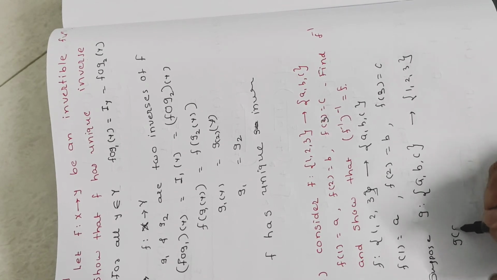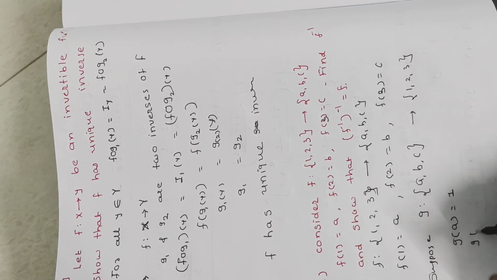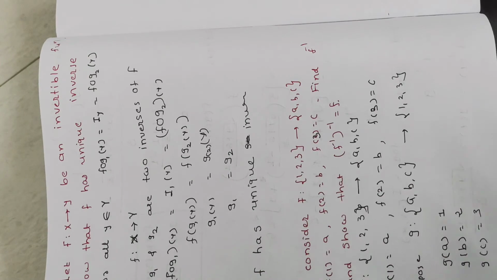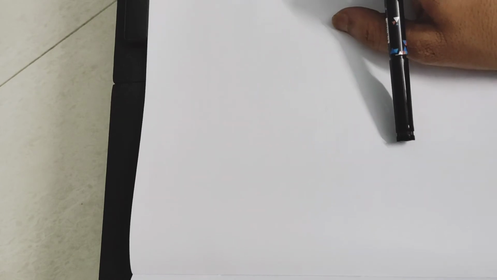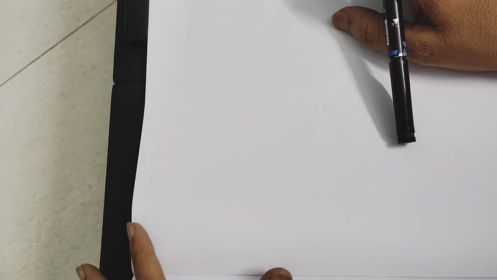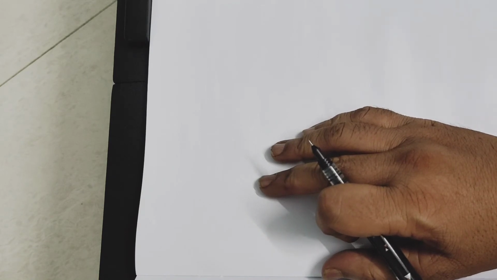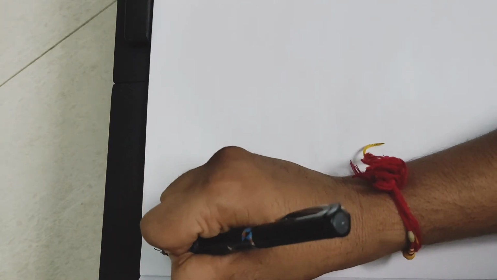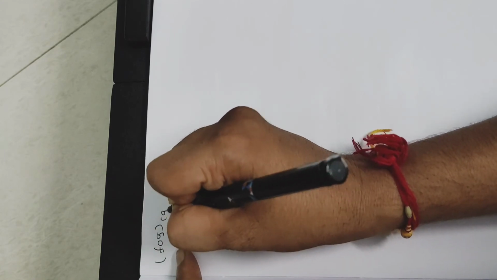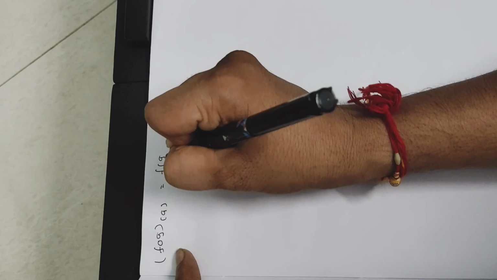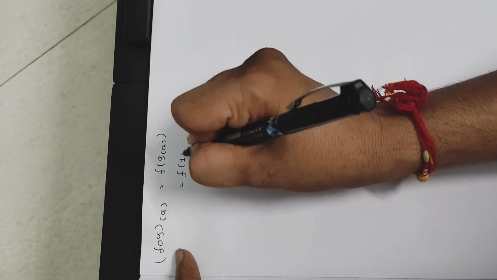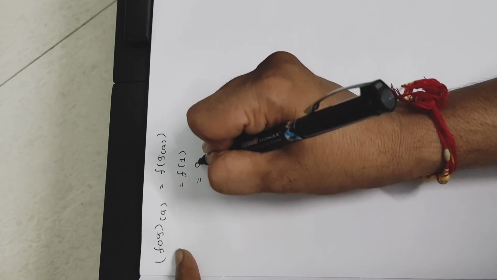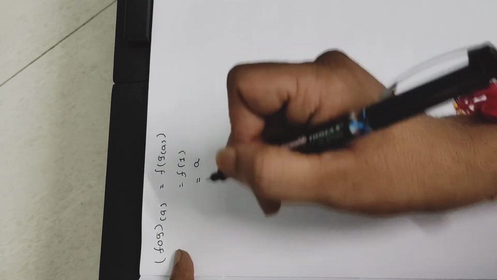So g(A) is equal to 1, g(B) is equal to 2, and g(C) is equal to 3.